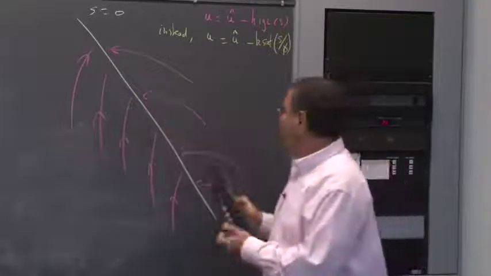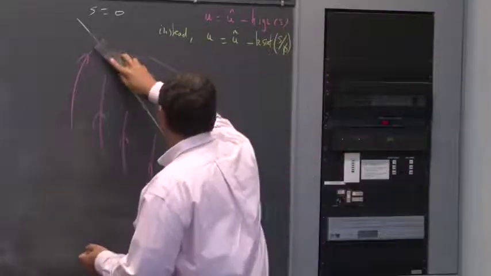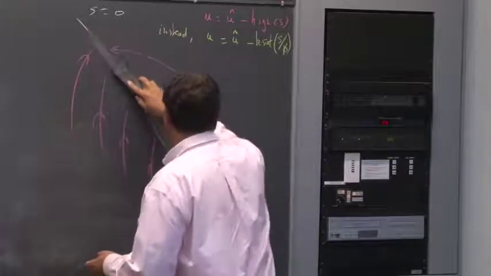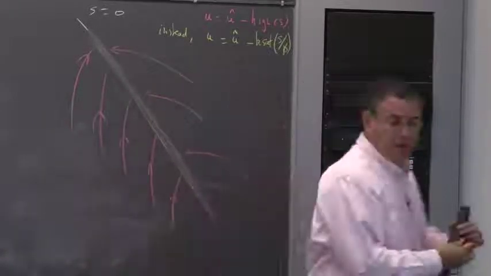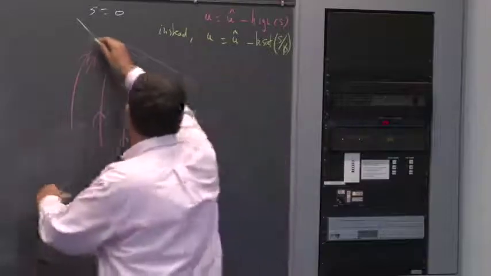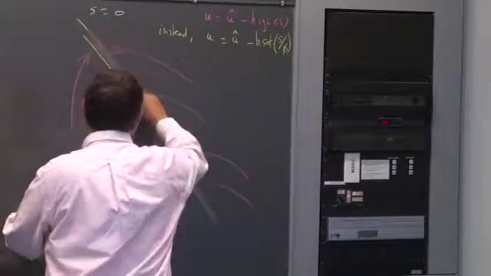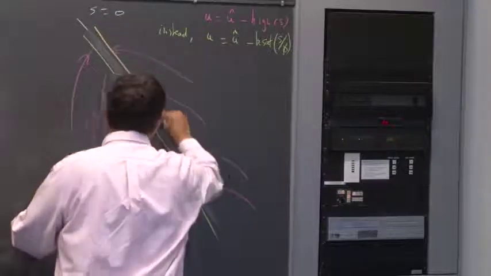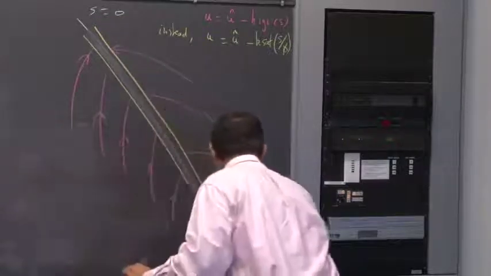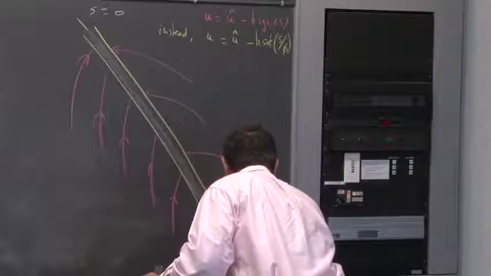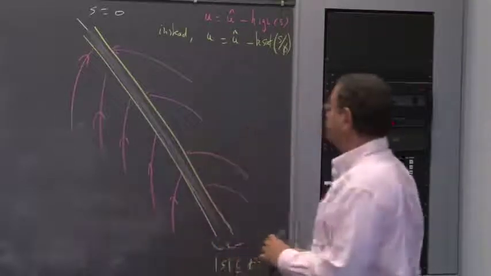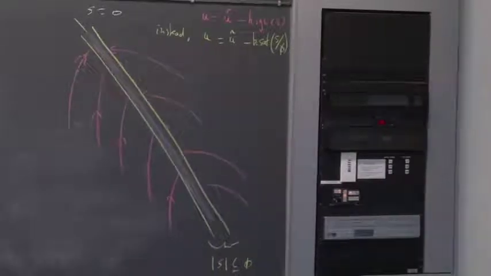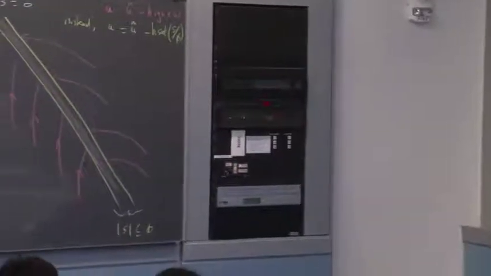So in other words, everything happens the same except in this region, limited by s equal plus phi and s equal minus phi. Outside of this region, sine of s is the same as sat of s over phi, so nothing changes.